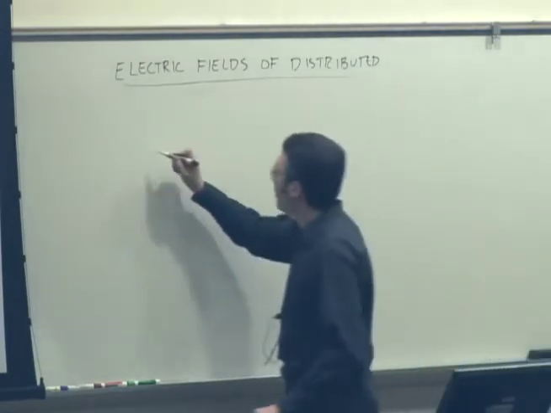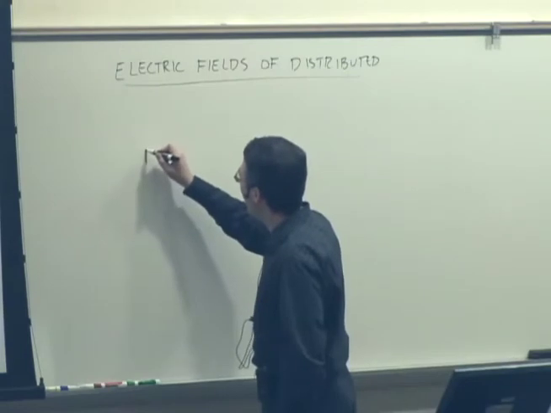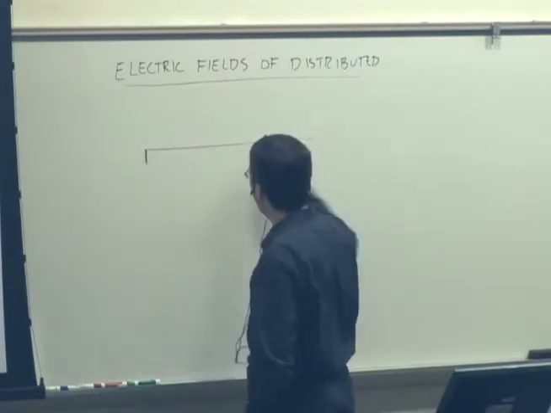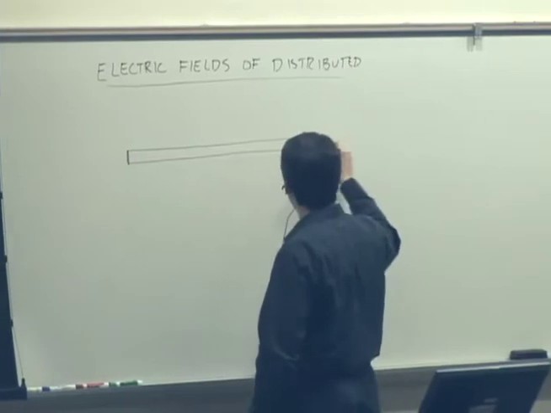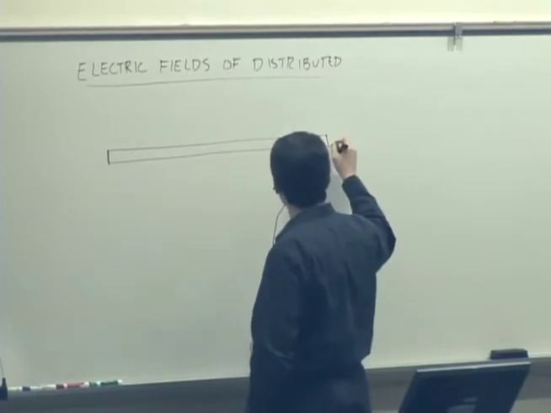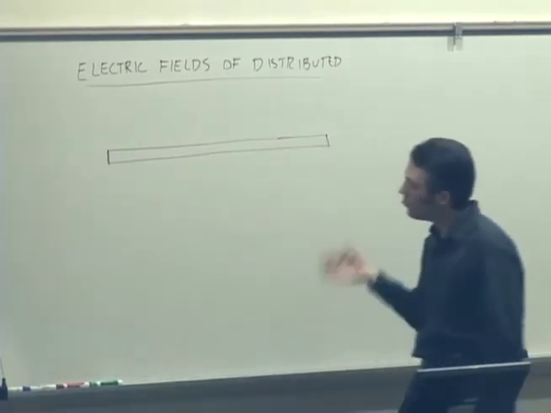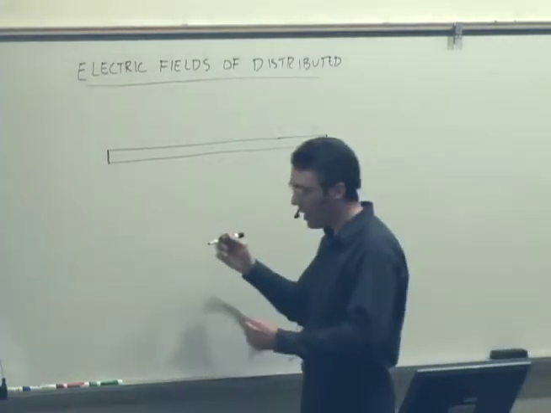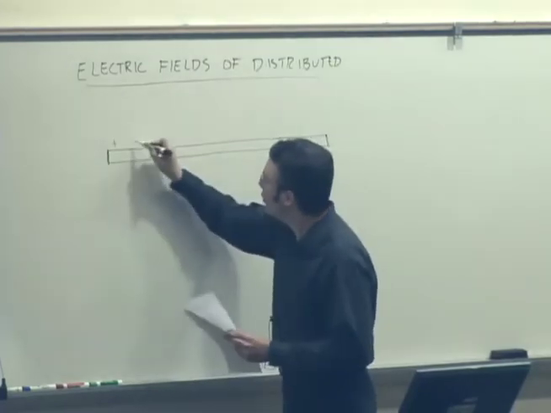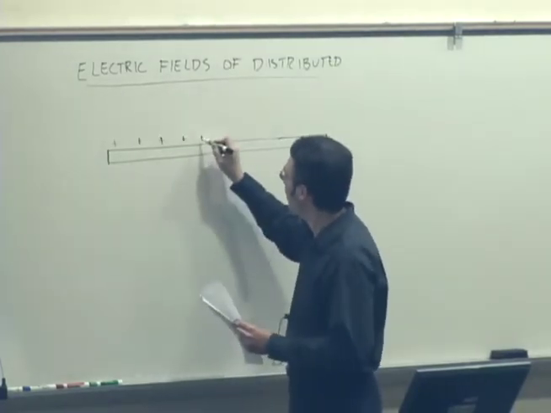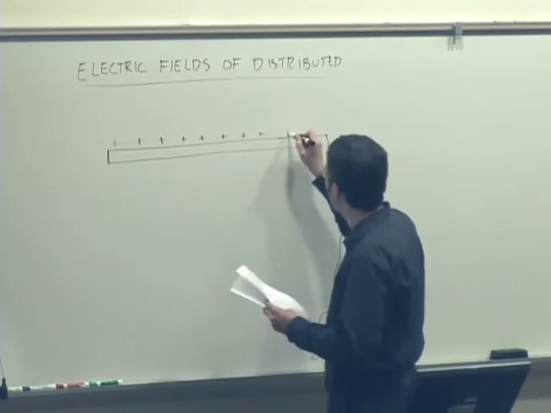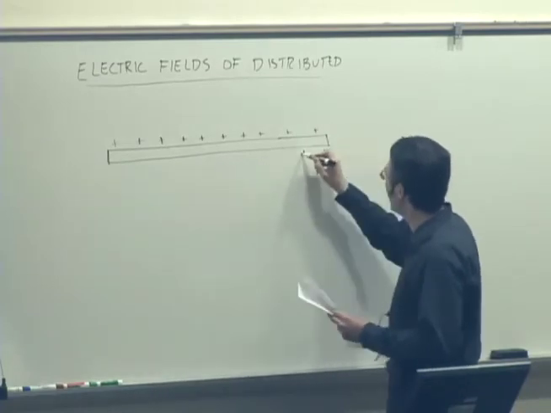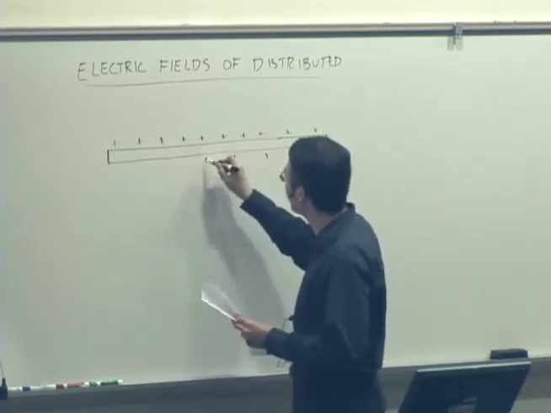Let's say you have a rod, or a thin piece of plastic, and we saw in some of the demos last week where I rubbed some sort of material over the plastic and was able to create a charge on it. So let's say we have some positive charge that's uniformly spread over the entire object.